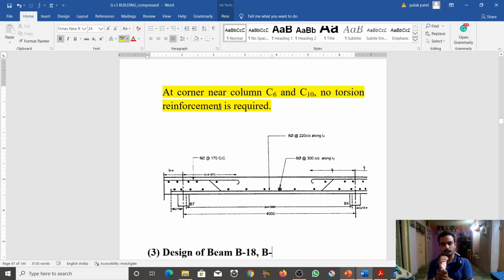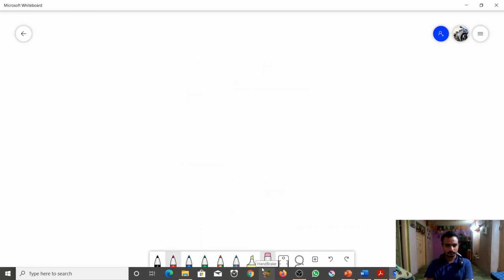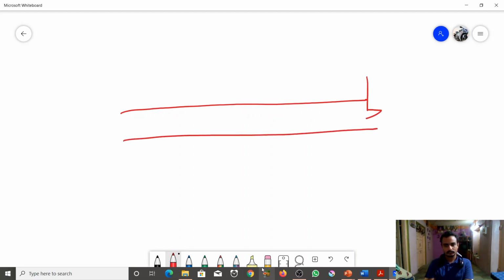Here is a figure of the two-way slab reinforcement. 8 mm diameter bar at 220 mm center to center along Lx, and 8 mm diameter bar at 300 mm center to center along Ly. This is the two-way slab.